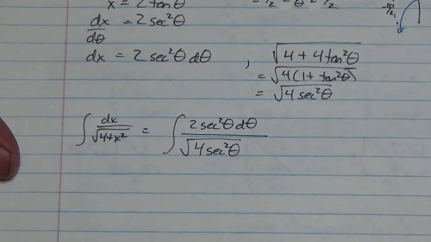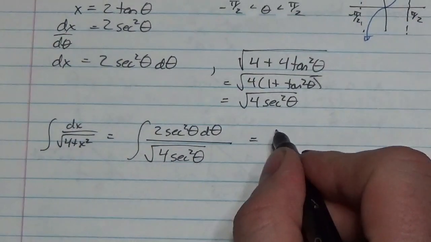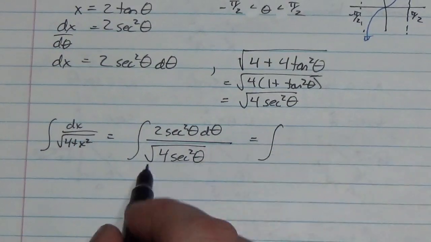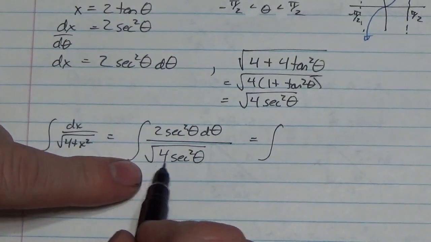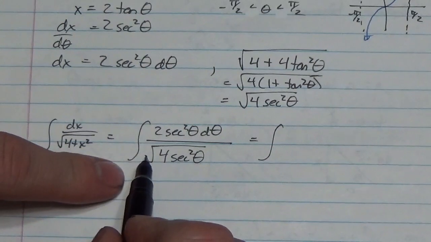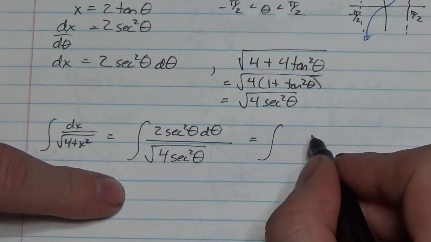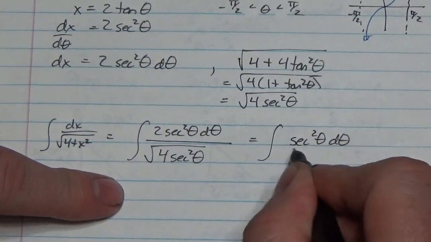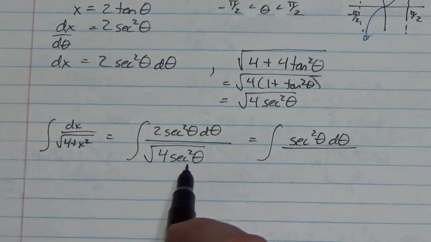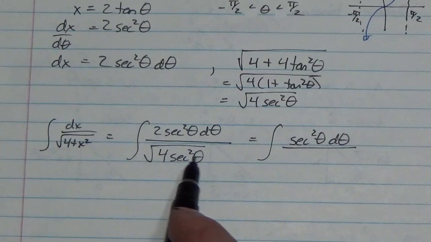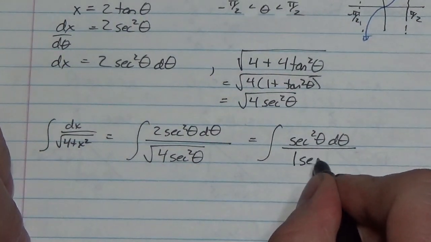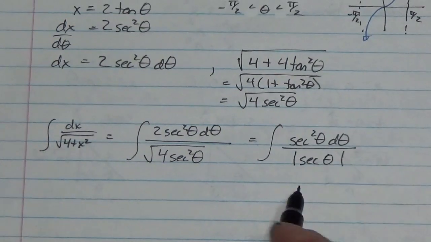Now watch this. The square root of 4 is going to be 2, and the 2's will cancel. So then I'm going to be left with the secant squared of theta d theta over the square root of secant squared, which will be the absolute value of the secant of theta.